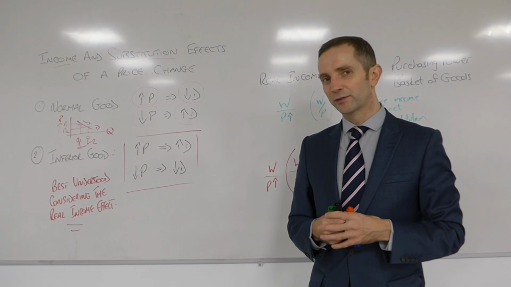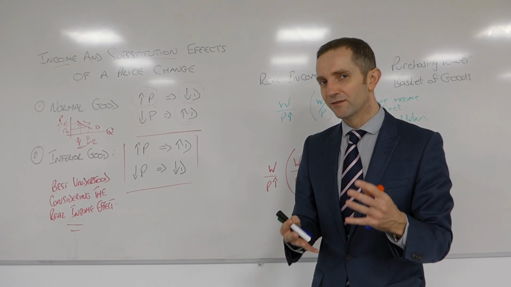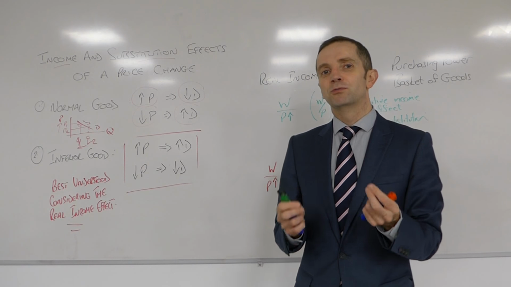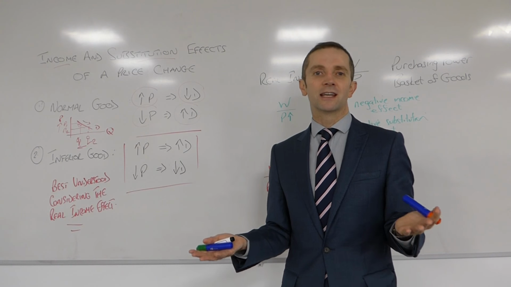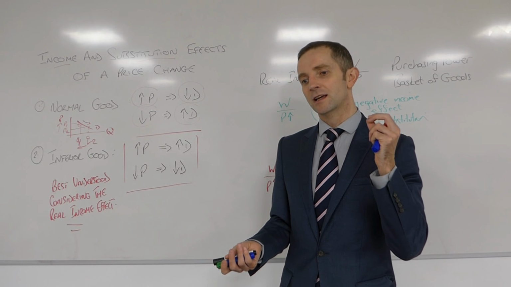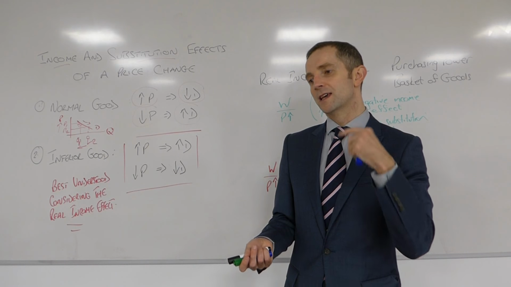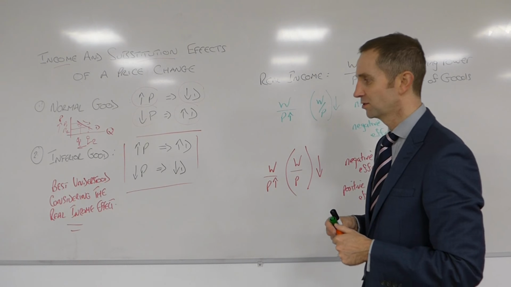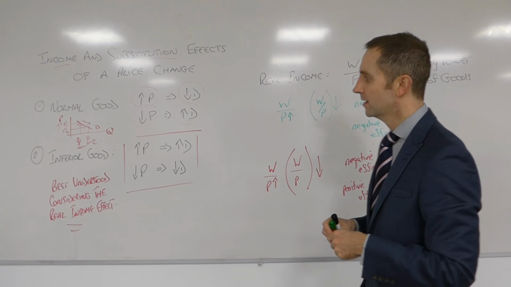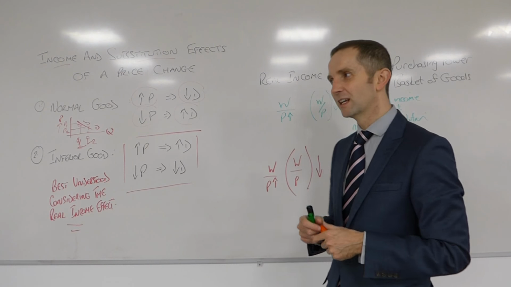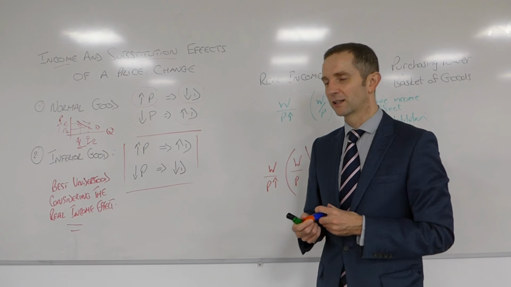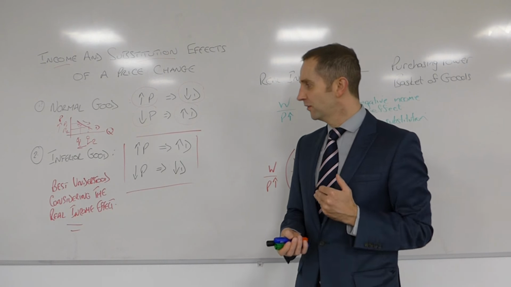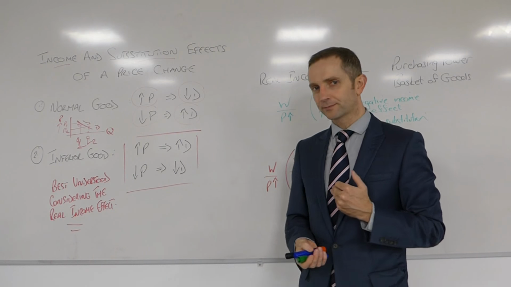Now vinyl for quite some time, for about the last 20 years, used to be considered an inferior good, but now the popularity is rocketing again, and a Czech Republic firm is expanding massively in the production of vinyl, so it just shows how these things can come and go. But anyway, it's probably unlikely that VHS videotape is going to make a massive resurgence. So that's an inferior good, VHS video players.